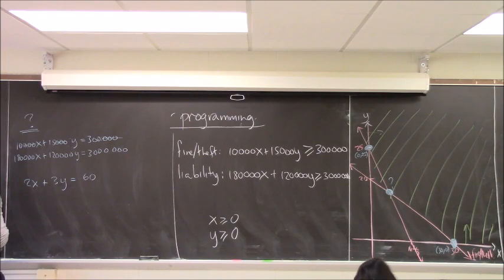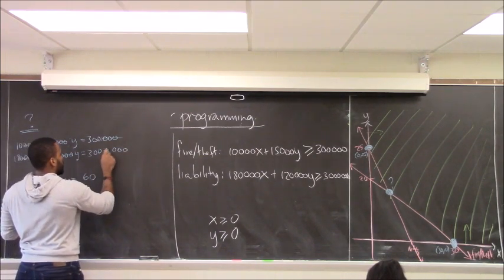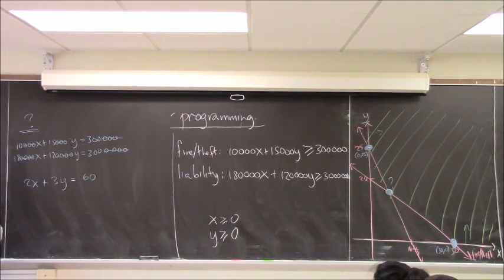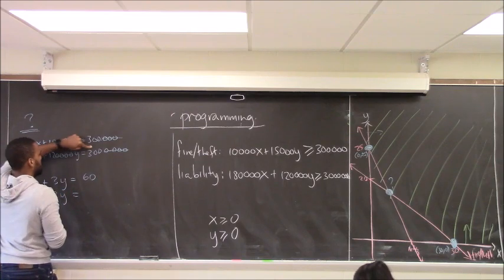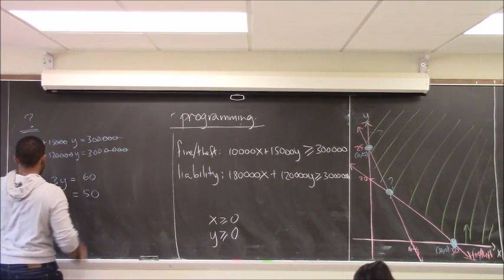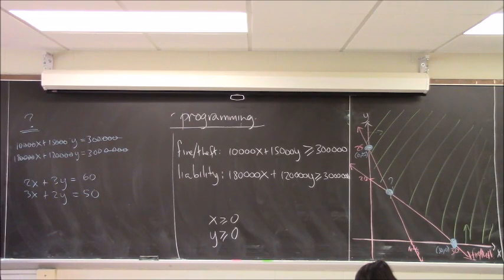I can divide this by 10,000. And I can go further into that by 3s or 6s. 6 into 18 goes 3 times, 6 into that goes 2 times, 6 into this goes 50 times. So these are the 2 lines that I care about.